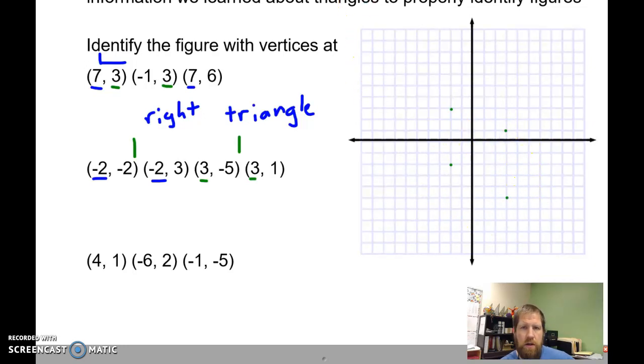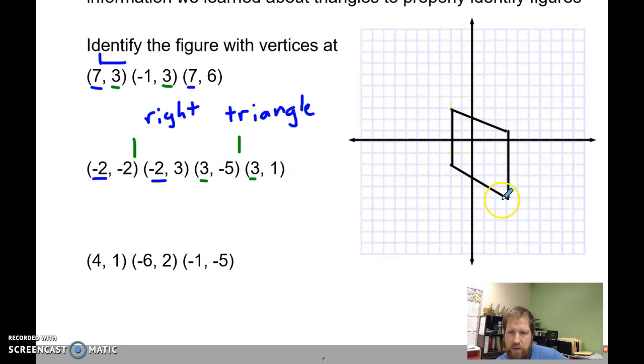Okay, so I'm going to grab my line, draw my lines out. If I look at this, these are definitely parallel. These vertical ones, just like we saw earlier, those are definitely going to be parallel.